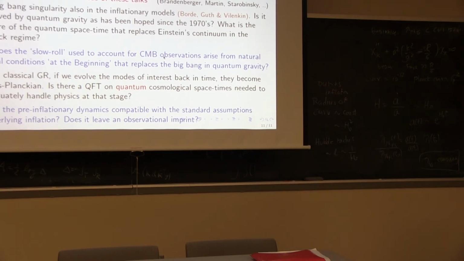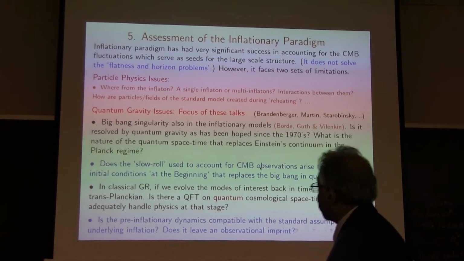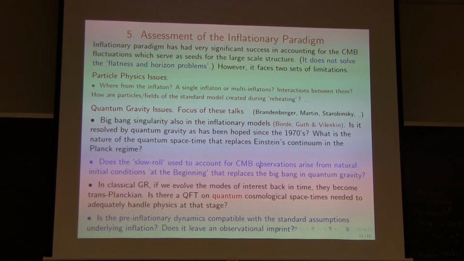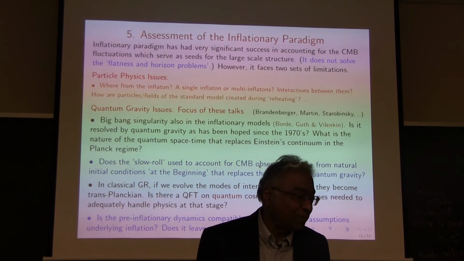So the inflationary paradigm has had very significant success in accounting for the CMB fluctuations, which serve as seeds for large-scale structure. People often begin these inflationary talks by saying that it solves the flatness problem, it solves the horizon problem.